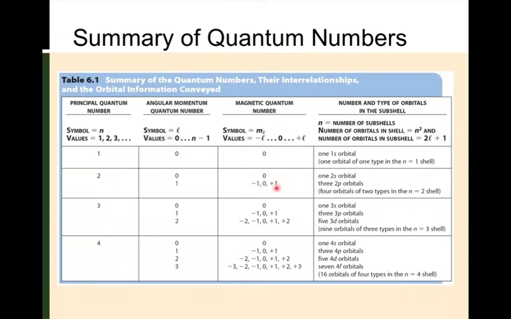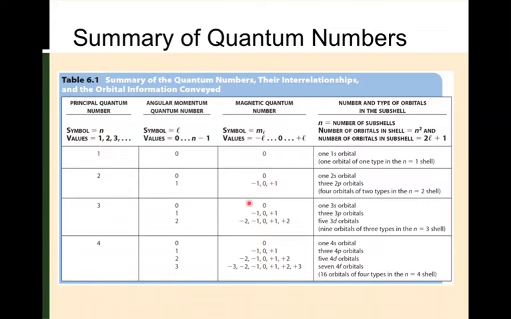You can tell which direction that's pointing in. It could be pointing that way, it could be pointing up, down, whatever. Usually we talk about these orientations in terms of the x, y, z axes. So the available values of ml are going to be from minus L through 0 to plus L. So whenever L is equal to 1, we have minus 1, 0, and plus 1.